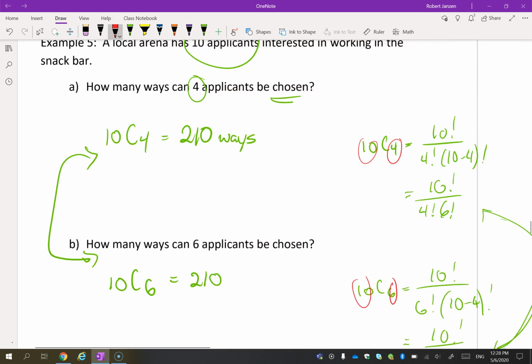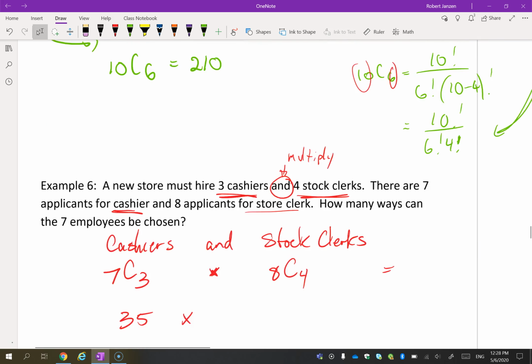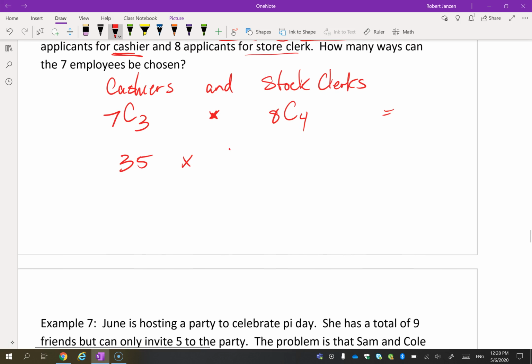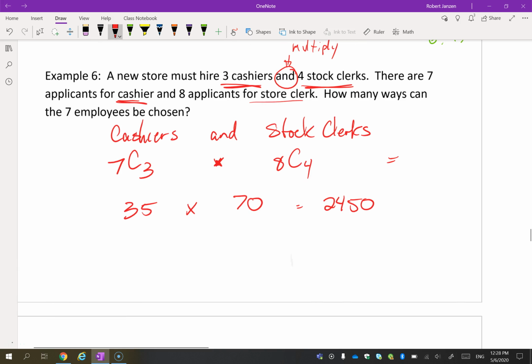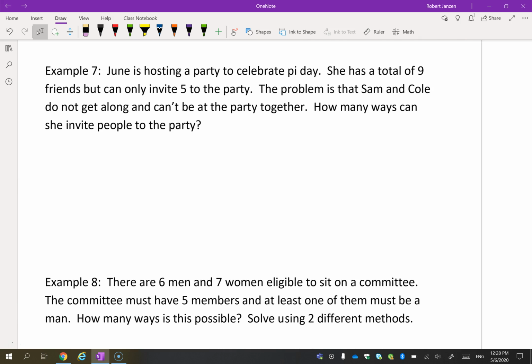I think we just did that up here. What was 8 choose 4? 70. So 35 times 70. So this is 2,450 ways. This is a common type of question where you have to do two things and you have to combine them like that.